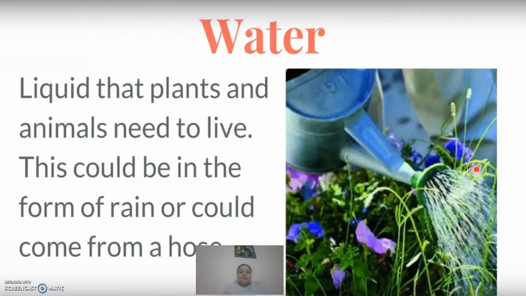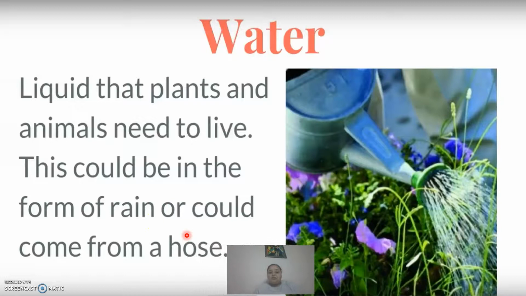Now let's do each thing that plants need. Water. What is water? Liquid that plants and animals need to live is called water. You can see here, this could be in the form of rain or it could come from a hose. So either the plant gets the water from the rain or we can give it through a hose at our house.